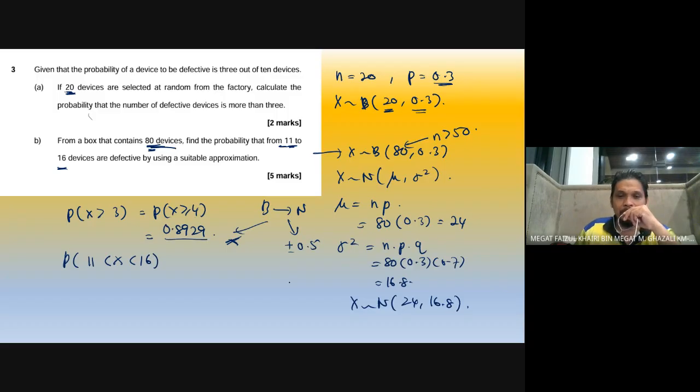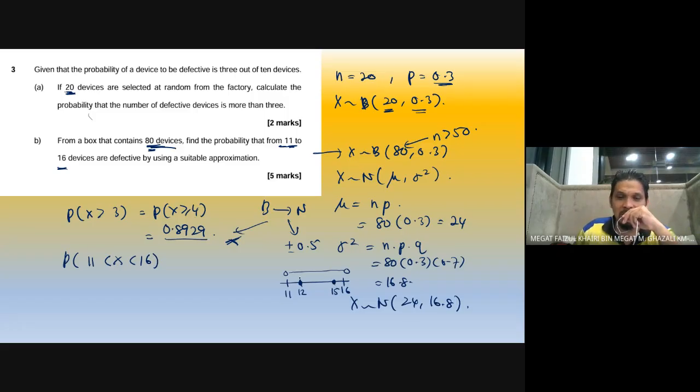Now, from 11 until 16, the value of X does not start with 11 because it's just greater than 11, so by numbers it actually starts at 12, and then less than 16 means the exact figure ends at 15.